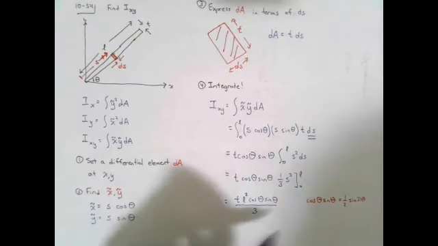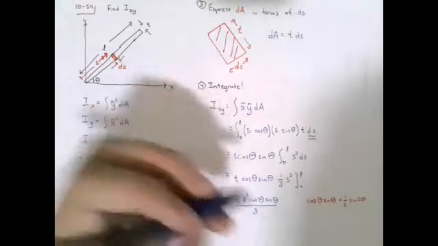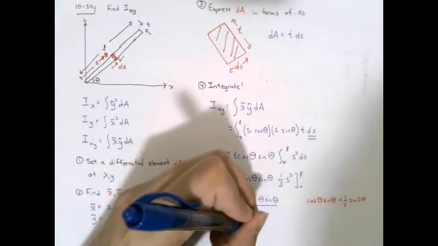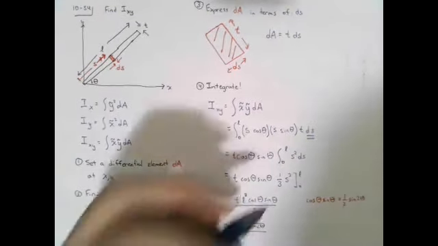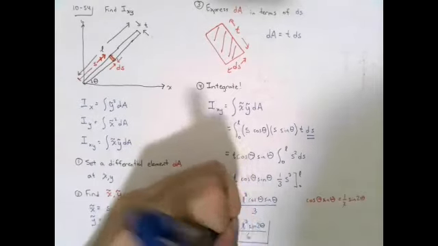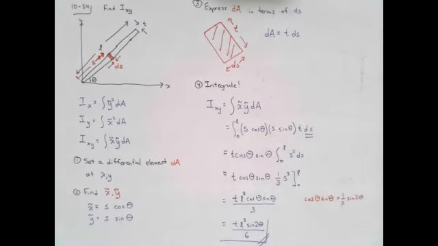If you think this is a little too disorganized, you can apply that identity and get that this is simply equal to t L cubed sine of 2 theta divided by 2 times 3, which is 6. And that is the product of inertia for this element.